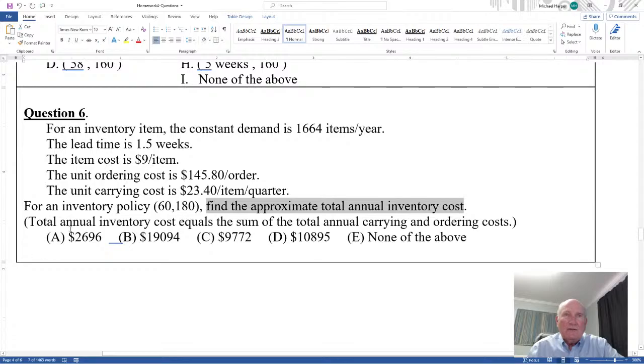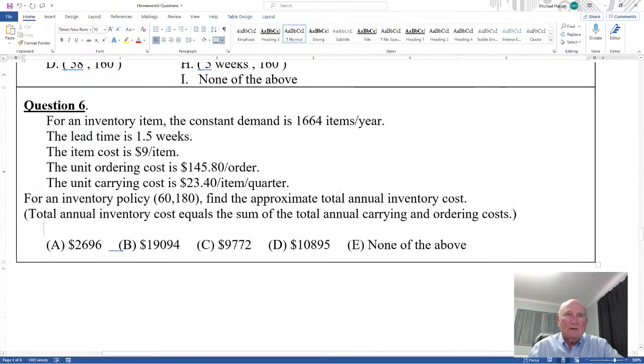The total annual inventory cost equals the sum of the total annual carrying and ordering cost. In other words, TIC equals TOC plus TCC. Okay, that's what that means. And so I want the total annual inventory cost.